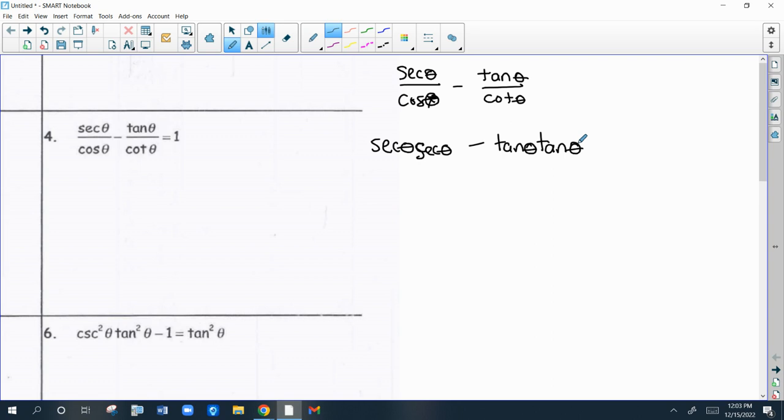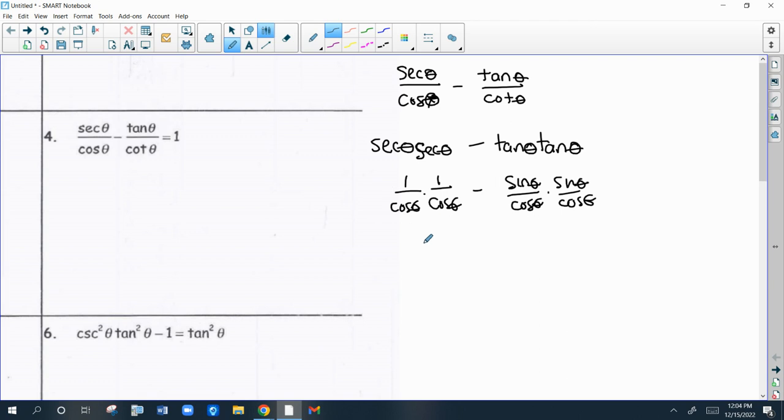And then you can get to 1 pretty easily from there. But I'm going to go with my first guess, and I'm just going to subtract these by getting a common denominator. So what I like to do here is change to both sines and cosines. So secant is 1 over cosine. Tangent is sine over cosine. So now I'm all sines and cosines.